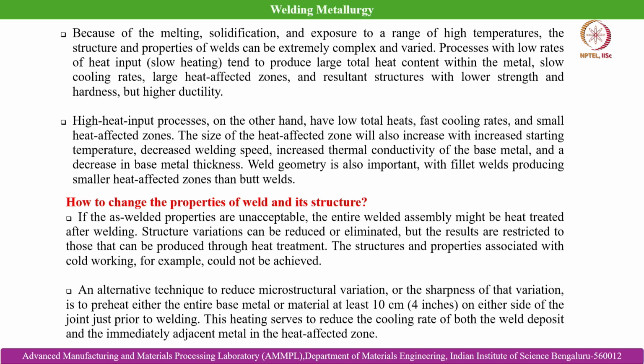This heating serves to reduce the cooling rate the joint experiences, and because of the reduction of the cooling rate, the chances of hot cracking as well as cold cracking get significantly reduced, which are among the primary regions of failure of the fusion welded joint.